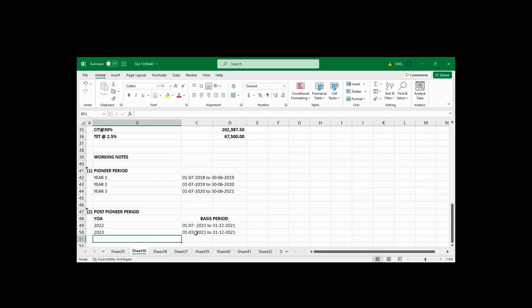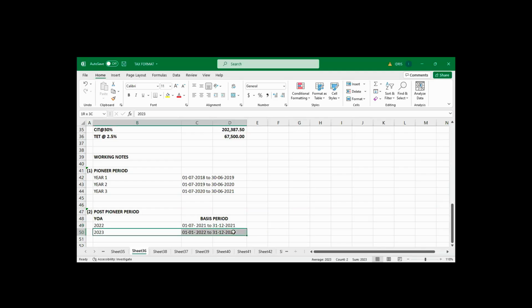That one will start on what? 1st January, based on accounting year. 1st January 2022 to when? 31st December 2022. Do you understand?